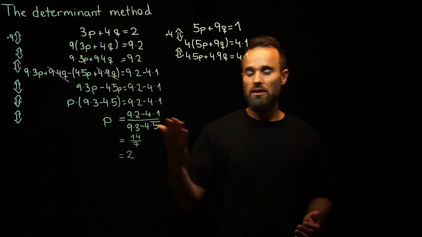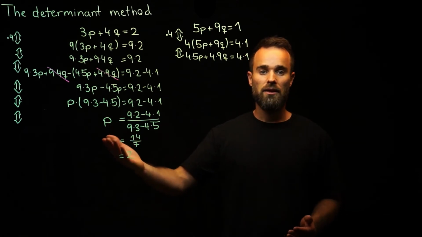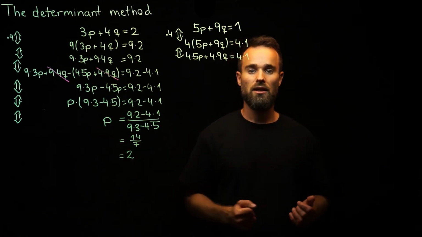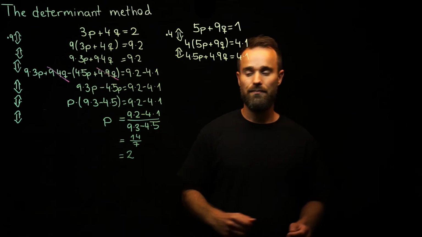The fraction we derived for the unknown P here is the same we would get using the determinant method.